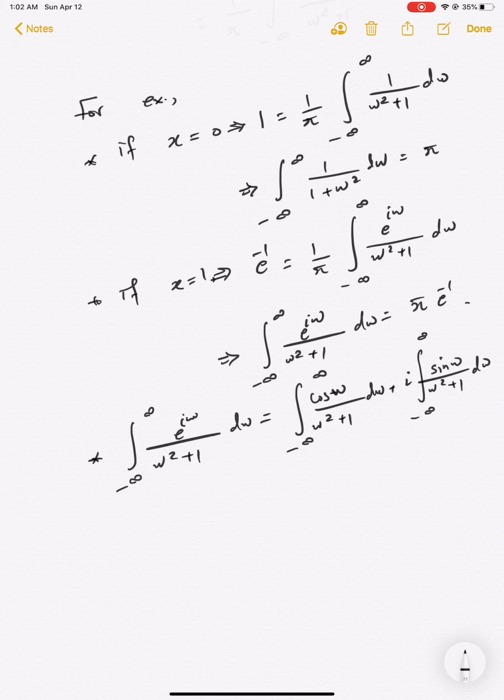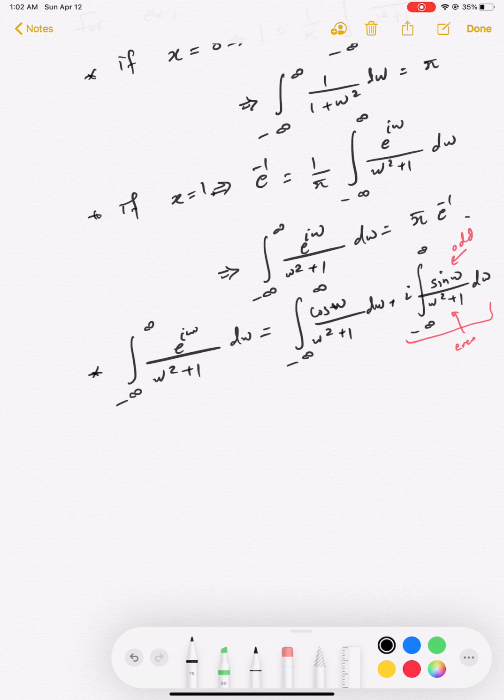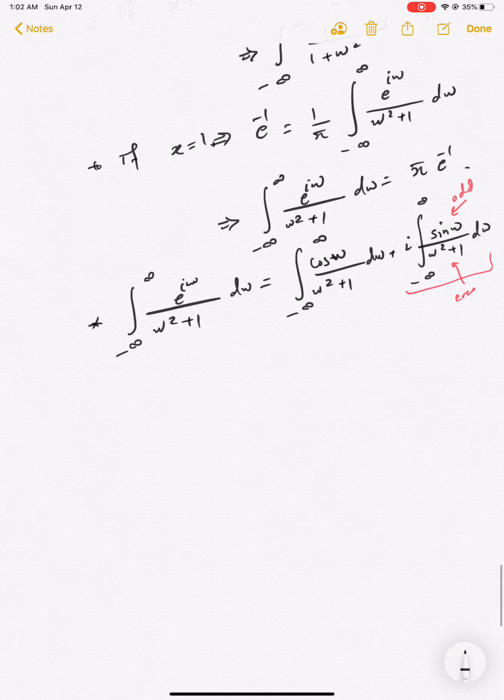Right? Now, if you look at this integral here, the sine is an odd function. The omega squared plus 1 is an even function. If you divide an odd by an even function, the result is an odd function, and the integral of an odd function from negative infinity to infinity is just 0.